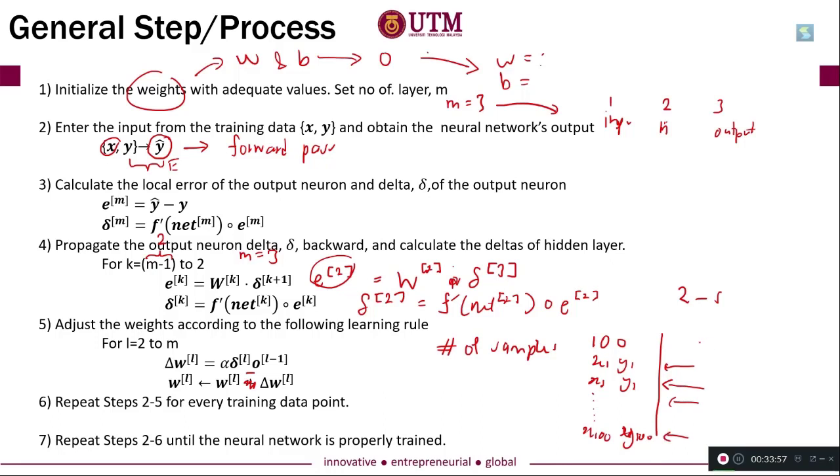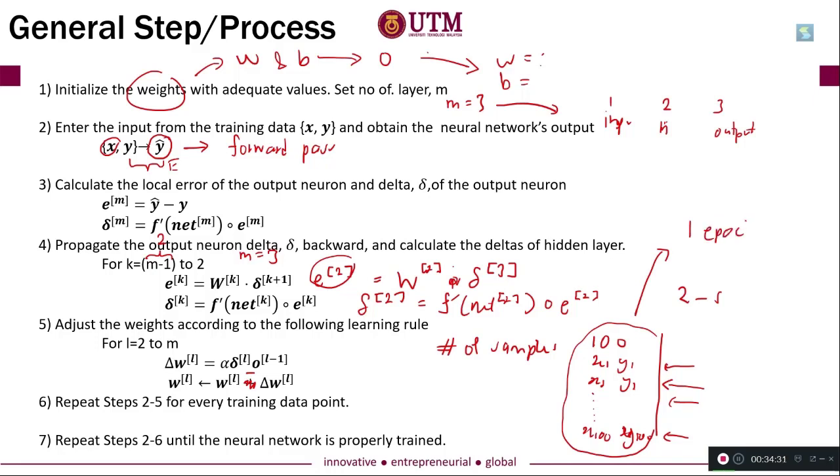Once you complete this 100 data, once you complete one cycle of processing the whole data set, in this case 100, meaning you repeat 100 times, this is called one epoch.